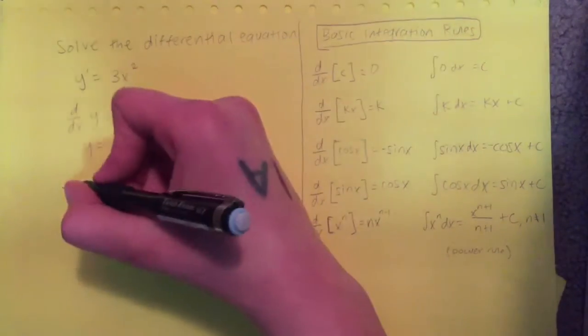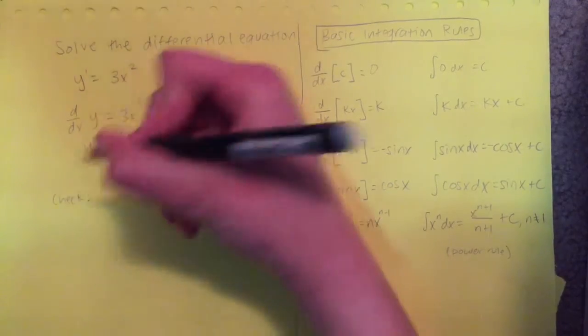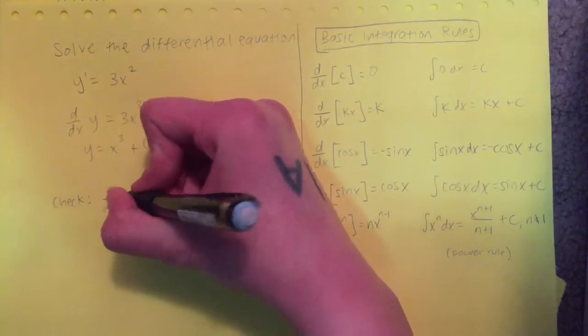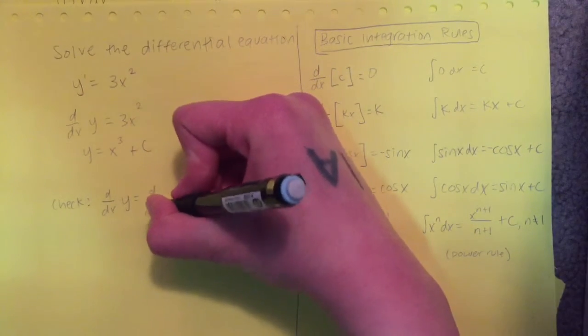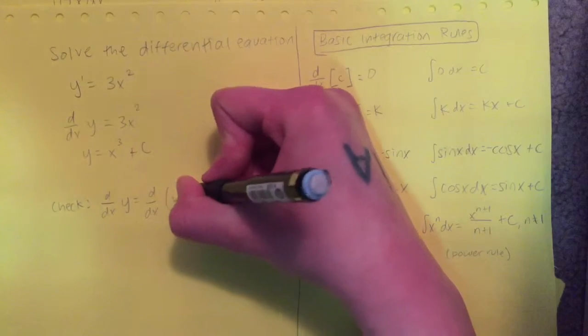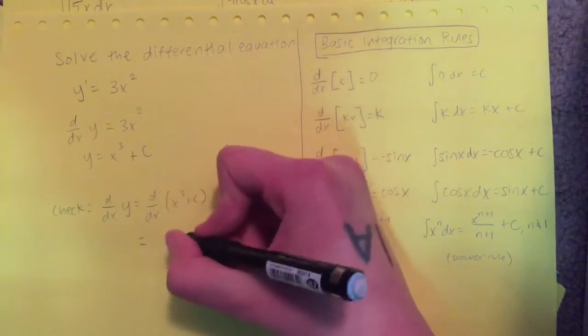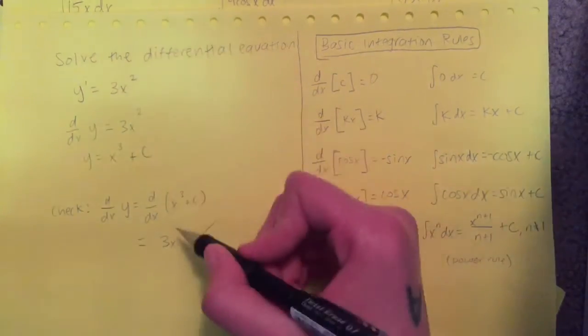And then we can check this to make sure our work is correct. To check, we have d over dx of y equals d over dx of x cubed plus c, and this equals 3x squared. That's what we had originally up here, so that is correct.